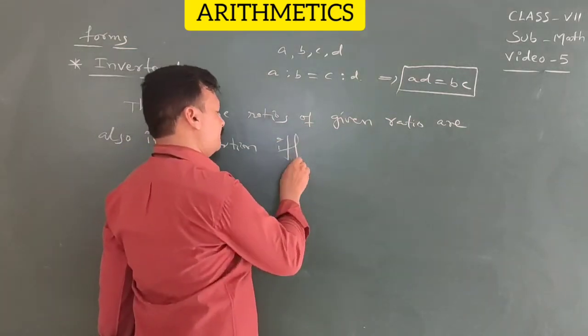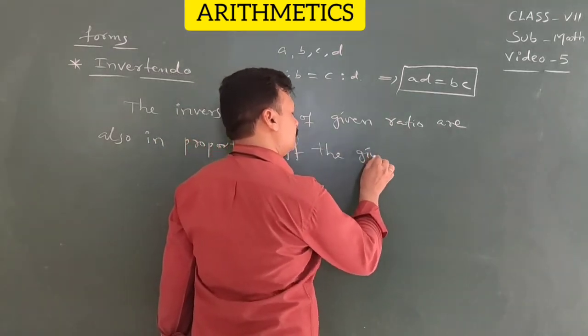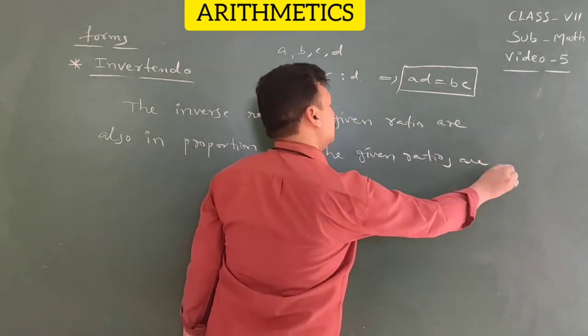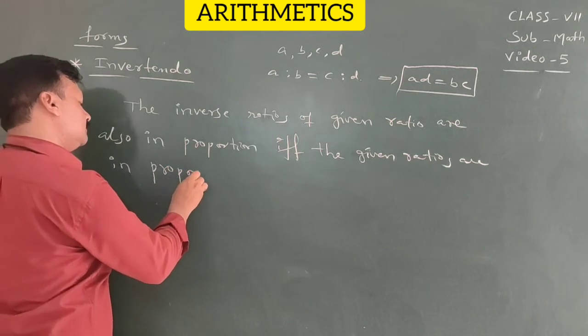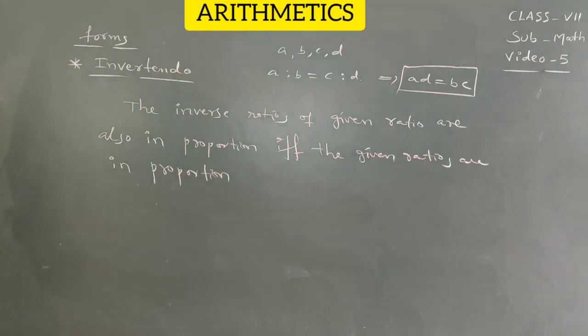If the given ratios are in proportion, their inverse ratios are also in proportion. These changes are called inverted.